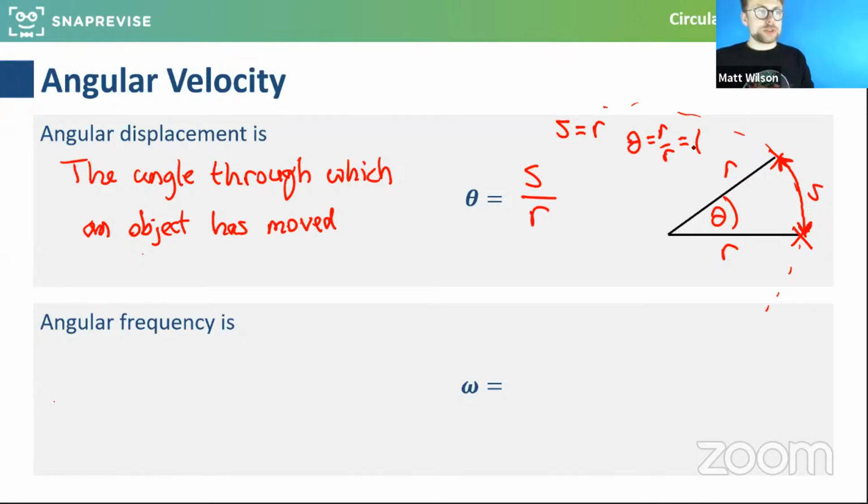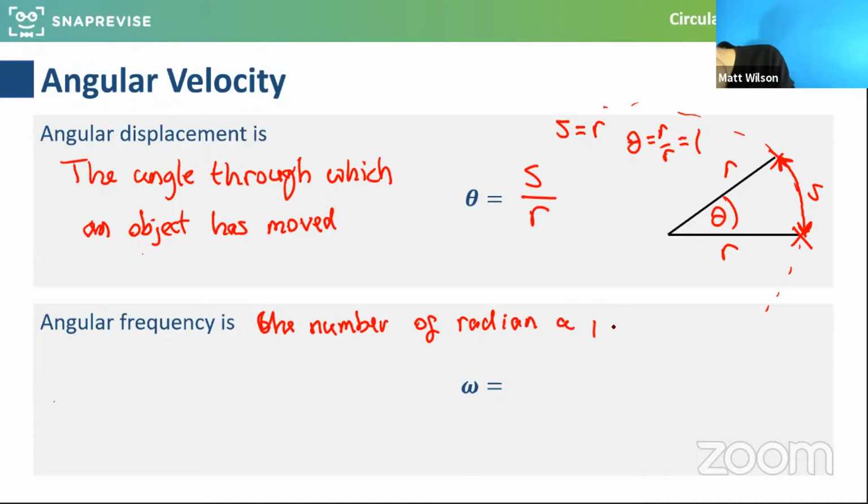So now we're going to imagine something moving around in a circle, and we want to talk about how fast it's moving around in a circle, if you like. So the angular frequency is the number of radians an object travels per second.